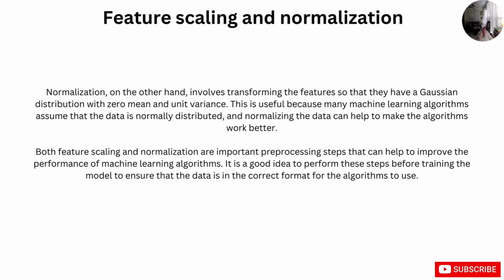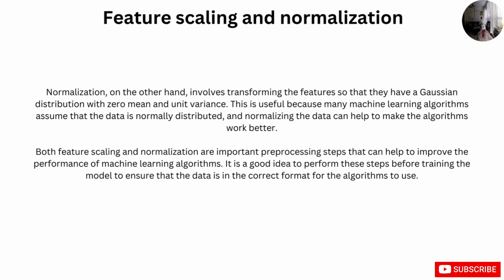Normalization, on the other hand, involves transforming the features so that they have a Gaussian distribution with zero mean and unit variance. This is useful because many machine learning algorithms assume that the data is normally distributed, and normalizing the data can help to make the algorithms work better.